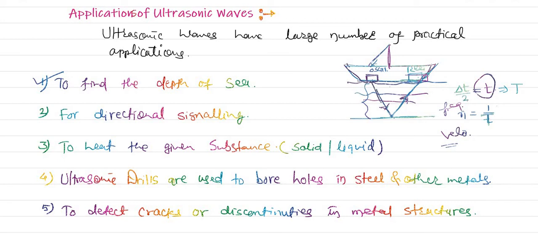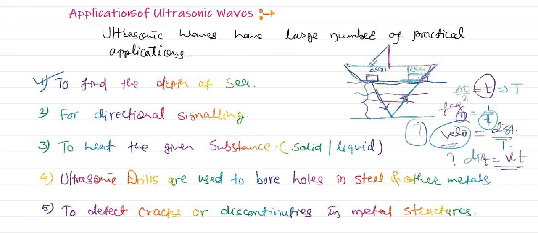If you haven't seen that video, I will post the link in the description box. It covers how to detect the ultrasonic wave and how to get its velocity. Now the frequency and velocity are known to you. Velocity is nothing but distance upon time, so time is known and velocity is known, and distance is equal to velocity into time.